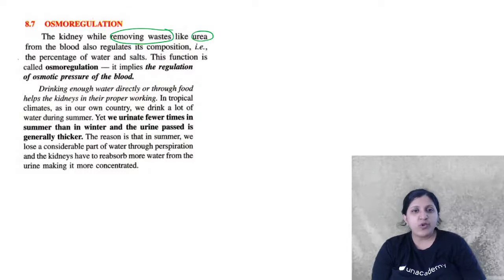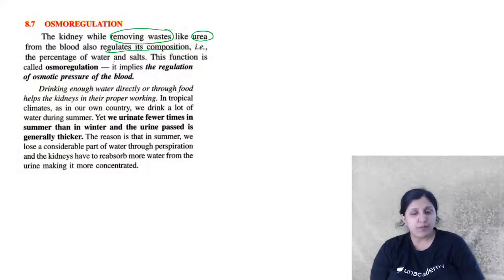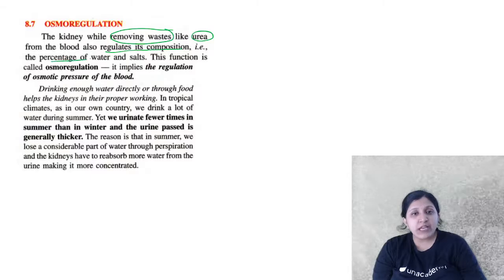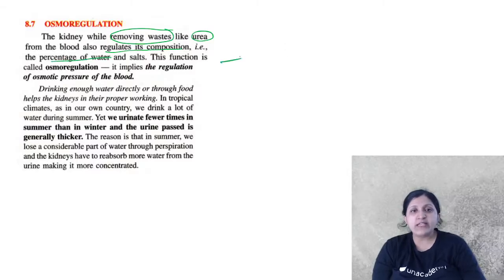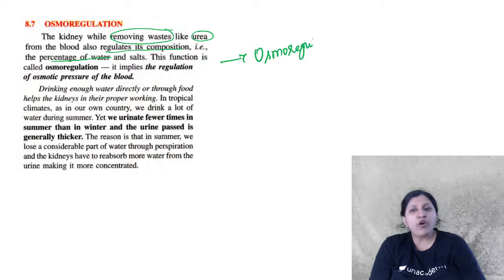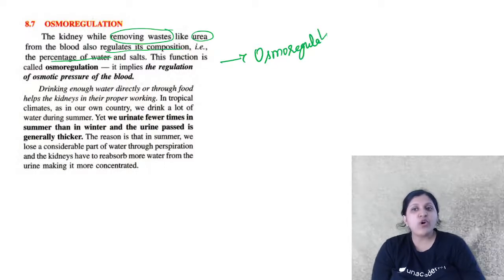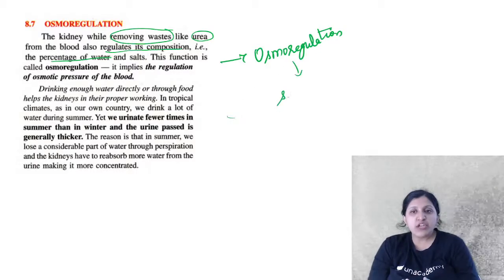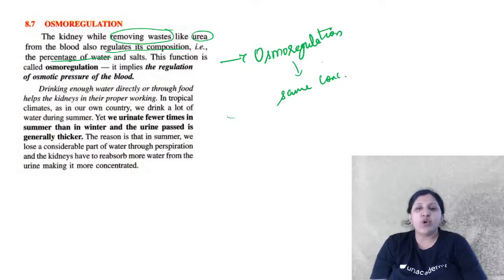From the blood, the kidney also regulates its composition, that is the percentage of water, and that itself we call osmoregulation. That means whatever percentage of water or certain salts is required, the same concentration of the blood will be maintained, and that is by absorption.